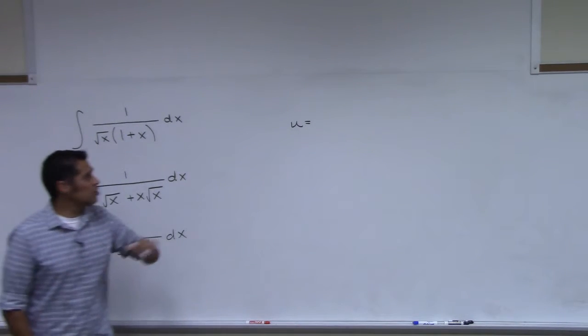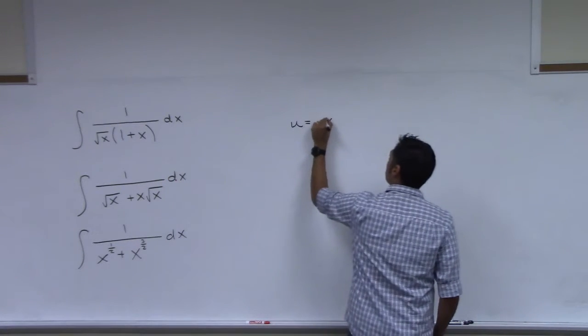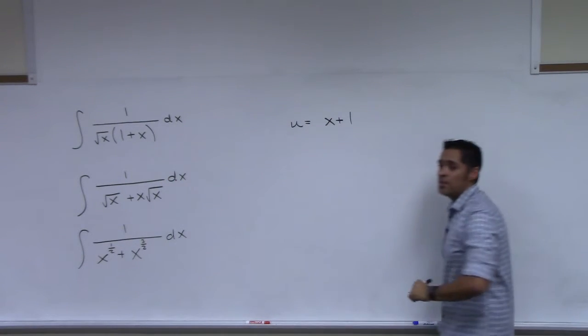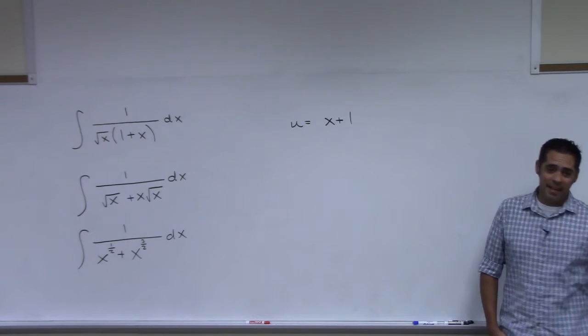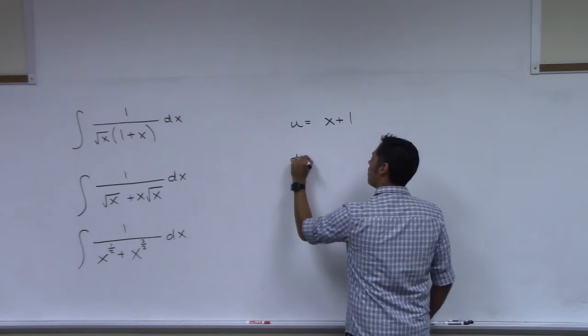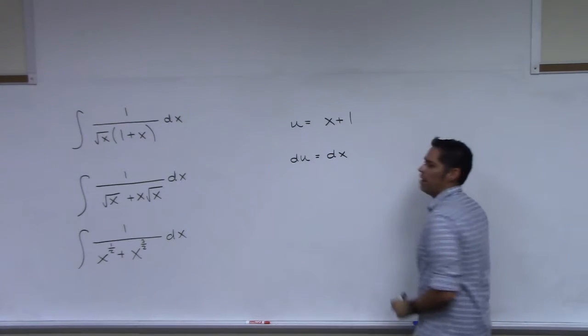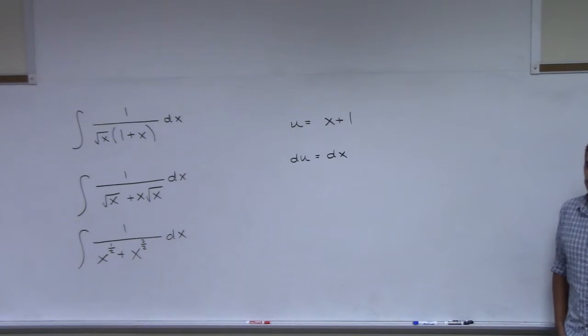Okay, let's try this. Can we just let u be x plus 1? Yeah. Okay, let's just try that. Let's just see if anything good happens. All right? What's du then? 1 dx, right? Okay. You all right with that?